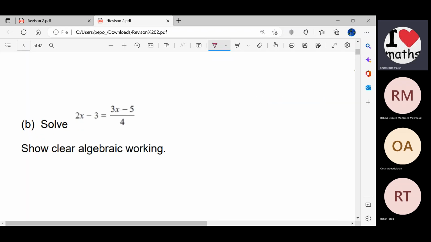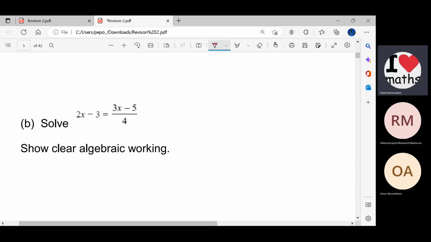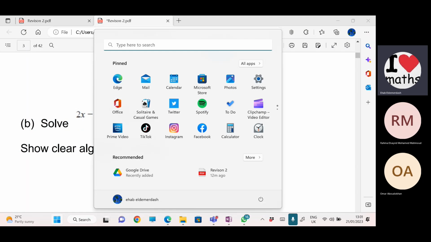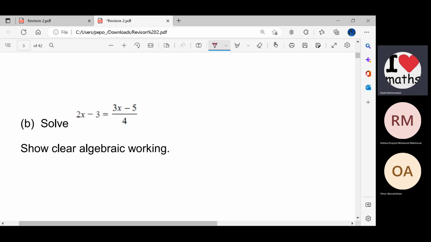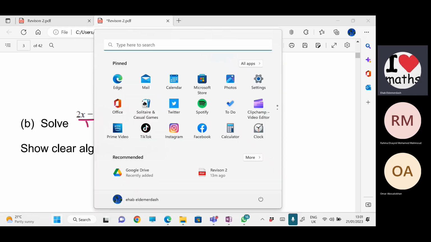Who can tell me what is my first step? Just write the question and do it. Come on Adam, write it. We are just going through it, it was like over 1 and I have to go into the fraction.